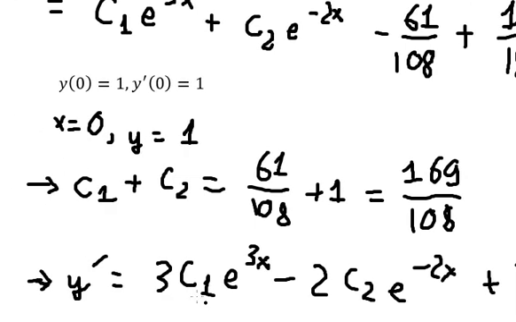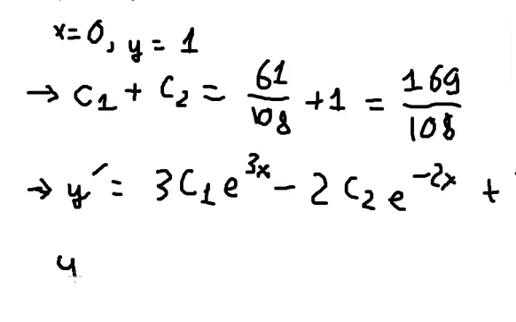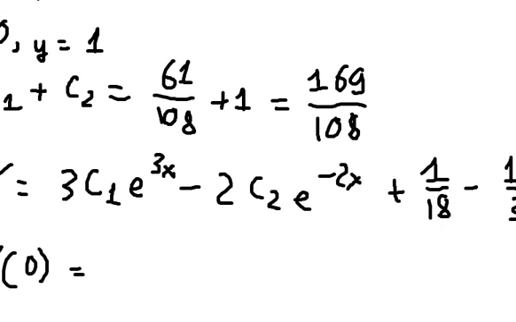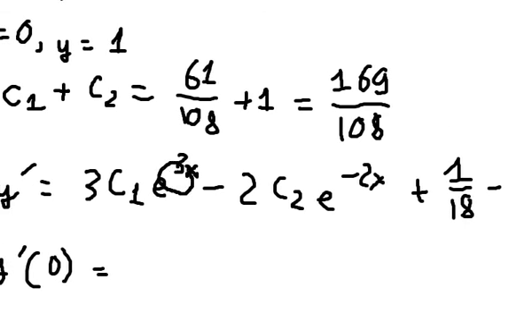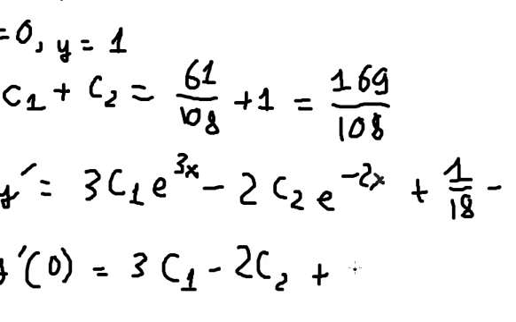And now, if we put 0 going here, so this one we have 1. E to the power of 0 is 1. This one is similar, so we have 3c1 minus 2c2 plus 1 over 18.